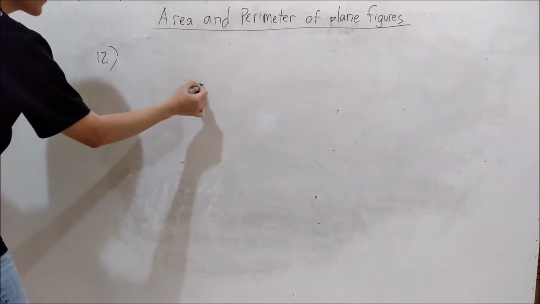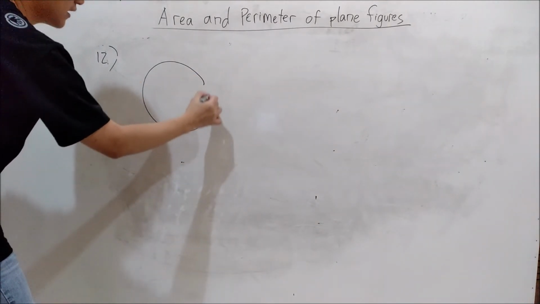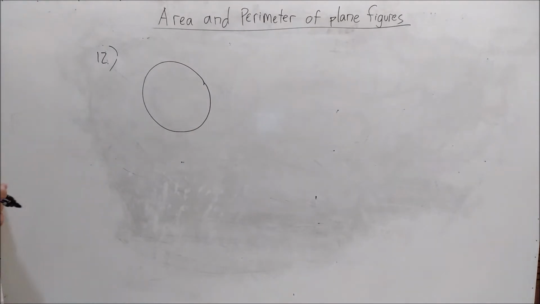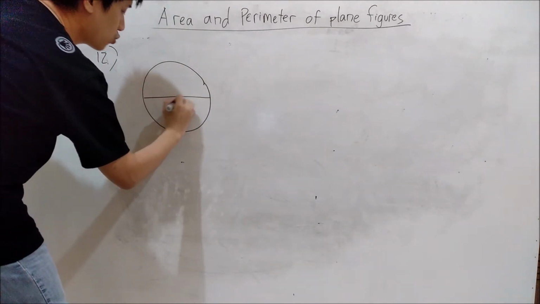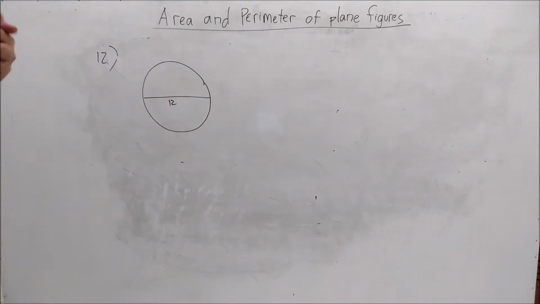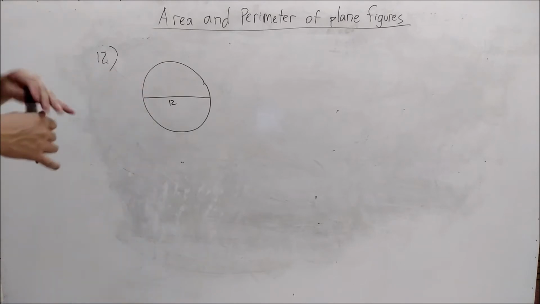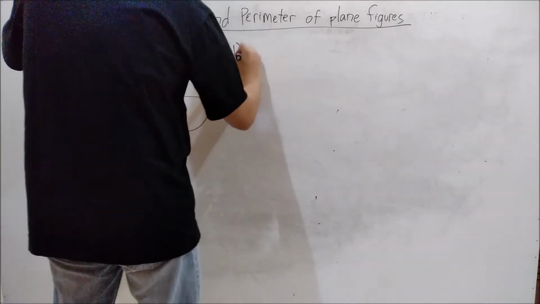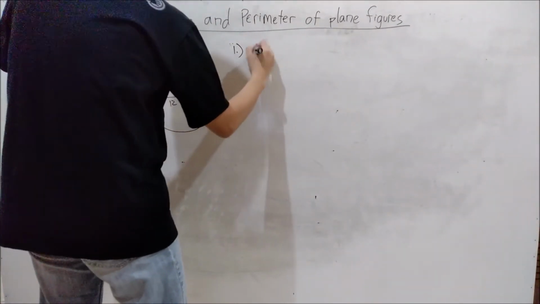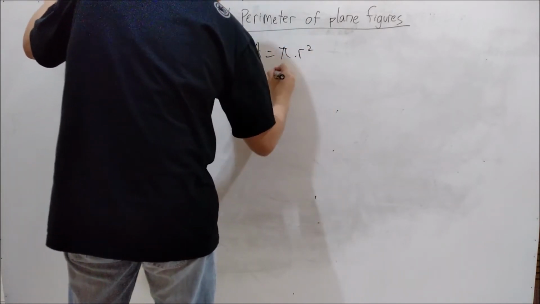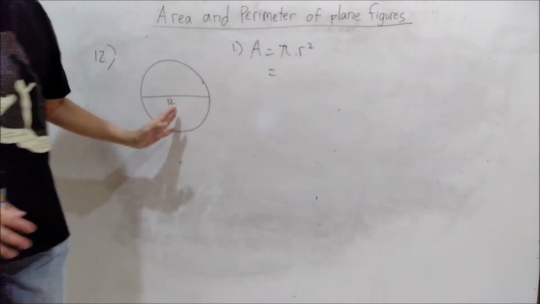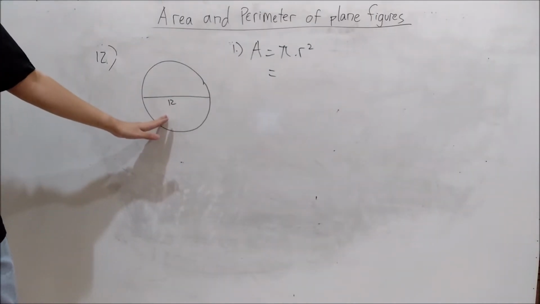So we know that we had a pond. The pond is a circular pond. The diameter of the pond is 12 meters, right? So what is the area of the pond? Area is pi r square, and because the diameter is 12, the radius will be 6.